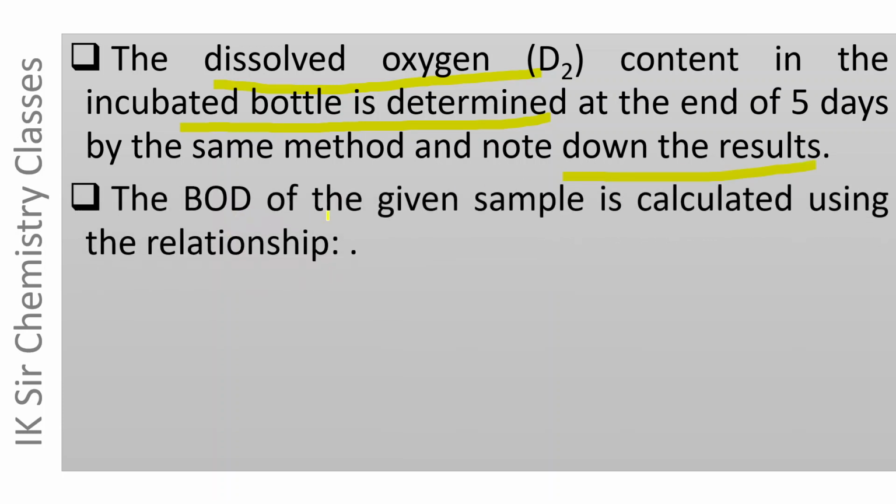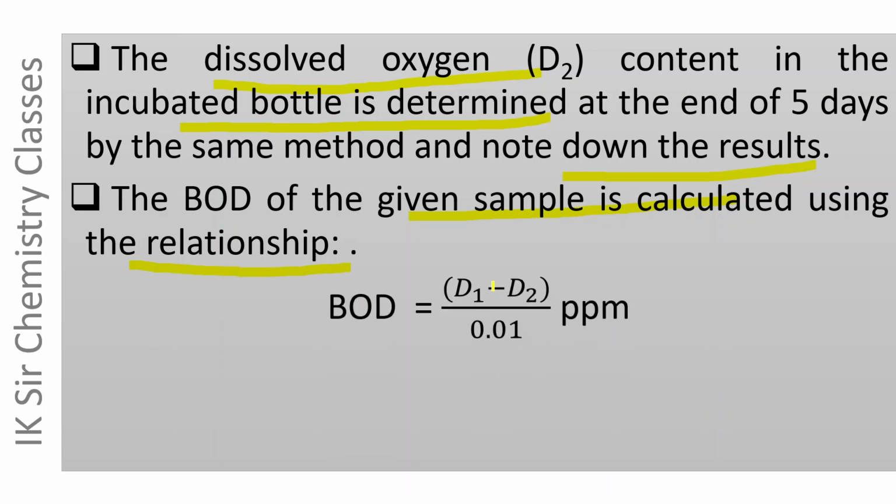The BOD of the given sample is calculated using the relationship given earlier. BOD is equal to D1 minus D2 by P ppm.